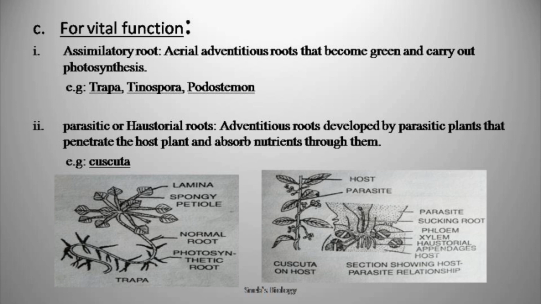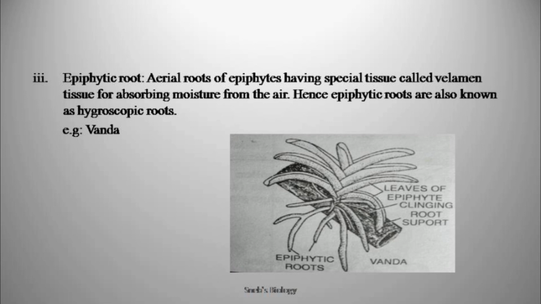The third one is epiphytic root. The epiphytic roots are found in epiphytes. The epiphytes are plants that grow on the branches of tall trees. Because they are on the branches of tall trees, they are away from soil or not attached to the soil. So they need to absorb atmospheric moisture.